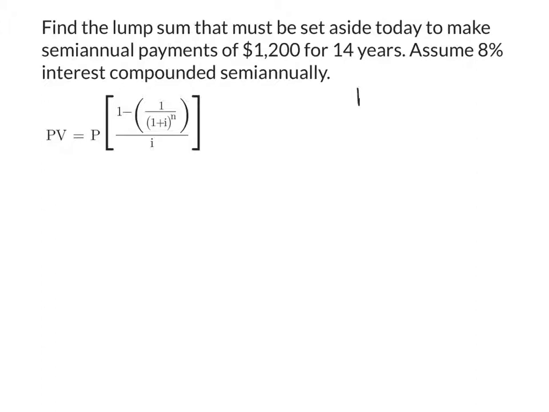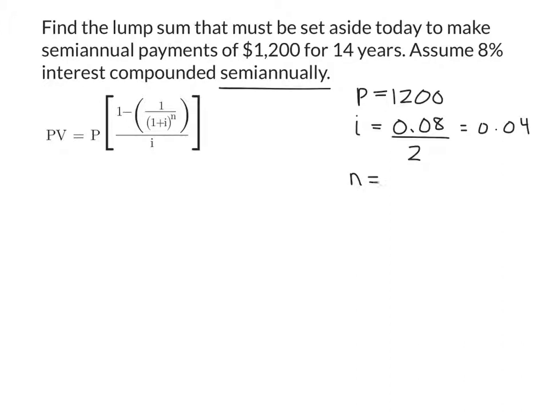P is going to be $1,200. I is the interest rate, which is 0.08. That's written as a decimal, and we're going to divide by 2 since it's compounded semi-annually. When you do that, you get a value of 0.04.